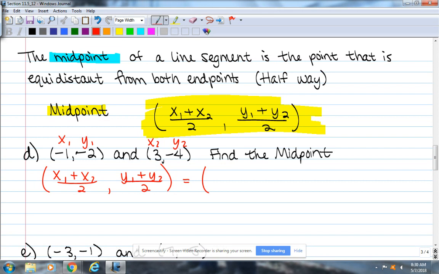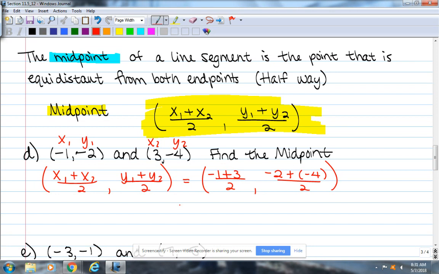So what is my x1 and my x2? Negative 1 plus 3 over 2 for my x's. Y'all agree? And for my y's, I have negative 2 plus negative 4. Y'all agree? Got it?